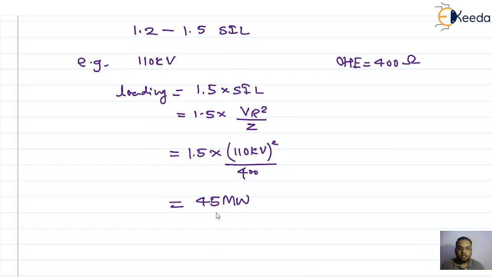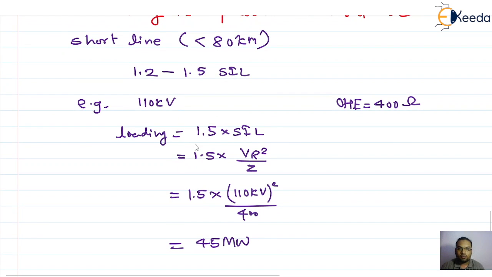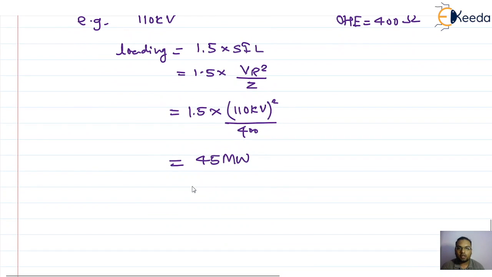This 45 megawatt indicates we can load this short transmission line with this much of power, or we can deliver this much of power with the help of this short transmission line. Again, we can take any line, and for that voltage level we can calculate the loading of that line. So that can be one application, to get the loadability, meaning how much load we can put on the line.